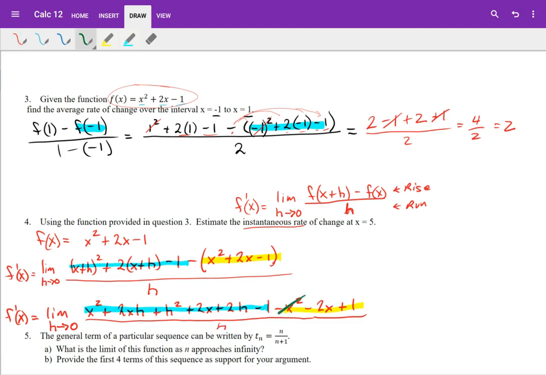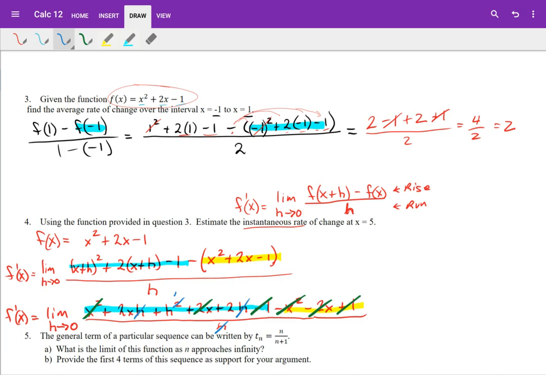Let's see what cancels. These guys cancel: negative x squared and an x squared. We have a 2x and a negative 2x, both canceling. Oh, look at that, we have a 1 and a negative 1. All right. Now, something else that cancels: here you've got an h, there you've got an h, an h, and an h.